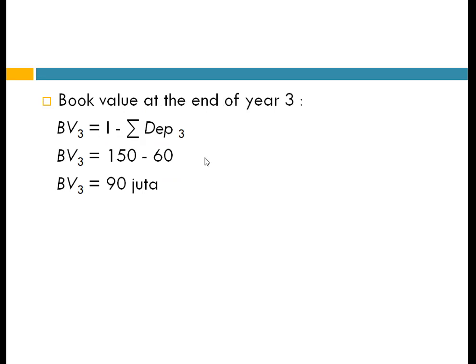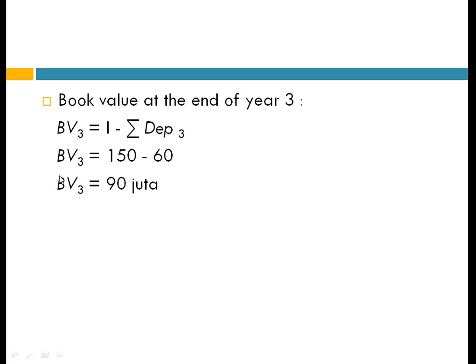The book value itself is like a salvage value. If you are going to resell your asset in the market, how do you estimate the price? You can use the book value as the price. The book value at the end of year 3 is the initial investment minus the sigma depreciation, the total depreciation in a certain year, which is 150 minus 60.